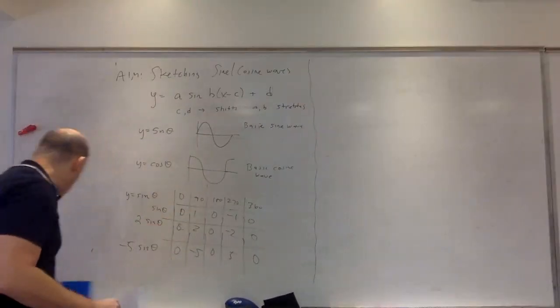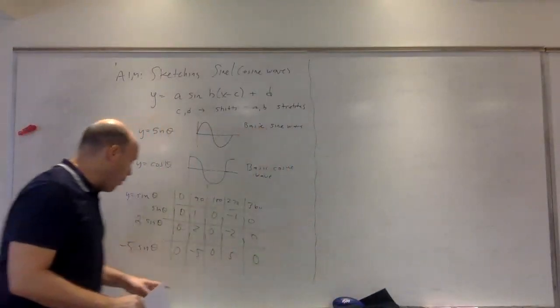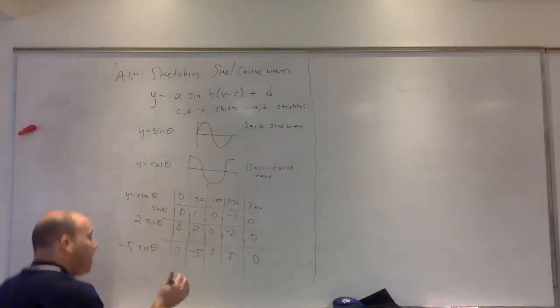You might say the numbers are different. What I want to point out is that each of these has a max and a min, and I don't care whether there's a negative or a positive. It seems that A, which we call the amplitude, is the max, and negative A is the minimum.